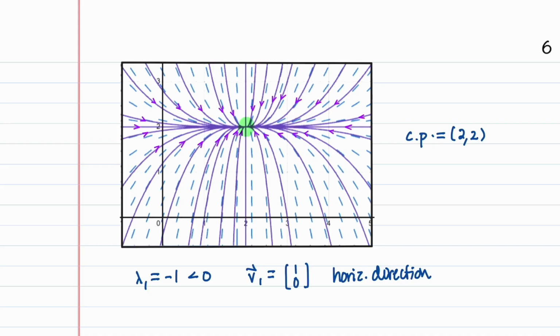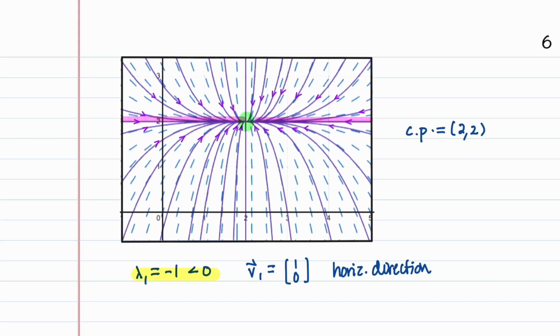This means that because our eigenvalue is negative, solutions are going to be moving toward our critical point in the horizontal direction. Similarly, our second eigenvalue is also negative. The eigenvector that corresponds to this eigenvalue is the vector 0, 1, and this is the vertical direction.